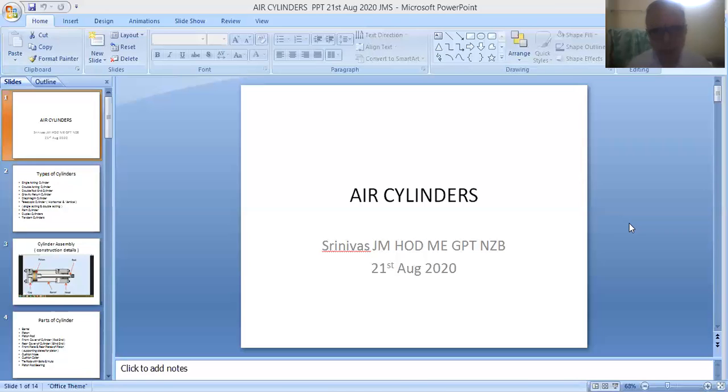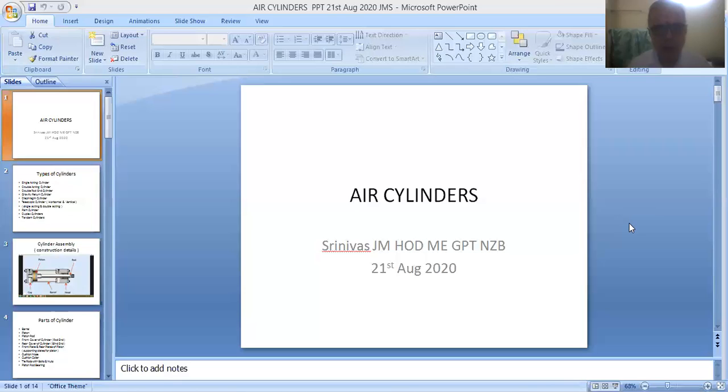And friends, the cylinder is a very important component of a hydraulic circuit as well as a pneumatic circuit. If the cylinder is used in a hydraulic circuit, it is referred to as a hydraulic cylinder.